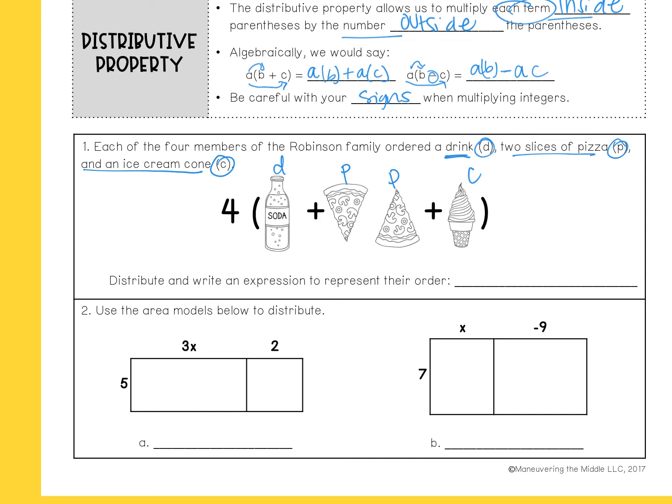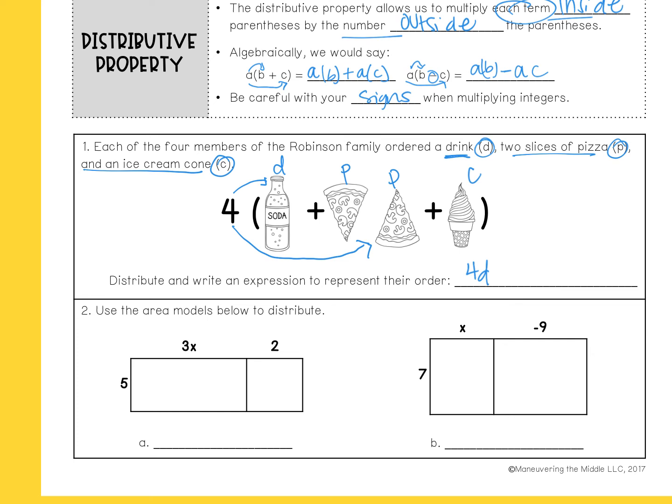So we're going to distribute and write an expression that represents what the family ordered. So if there's 4 people, I need to distribute each item inside to the people outside. So I have 4 people here, and if I distribute that 4 to all of the drinks, I'm going to need 4 drinks. Then I'm going to need to make sure that each person gets 2 slices of pizza.